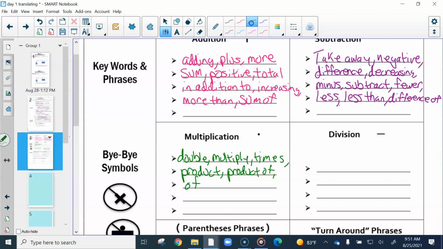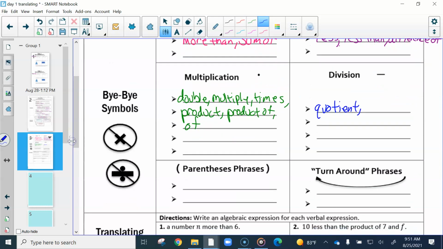Division words. Quotient. Some other ones. Divide, divided, dividing.